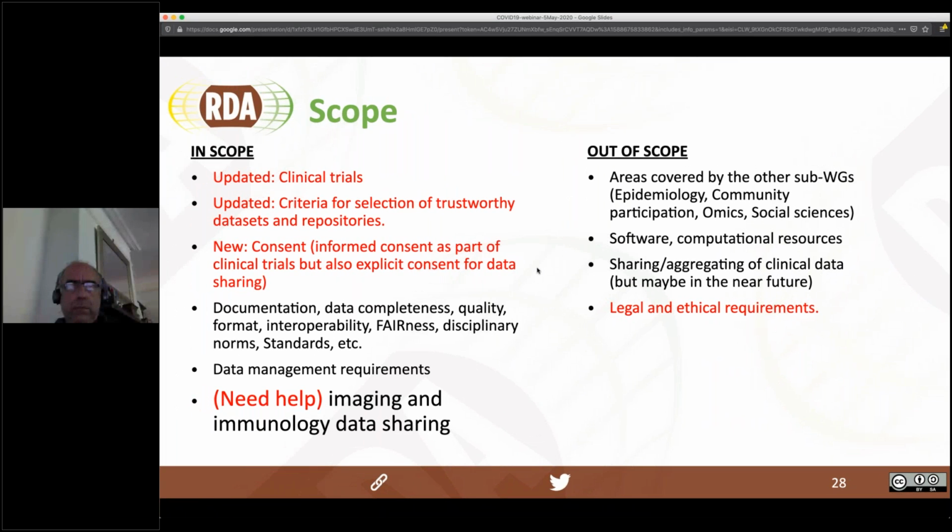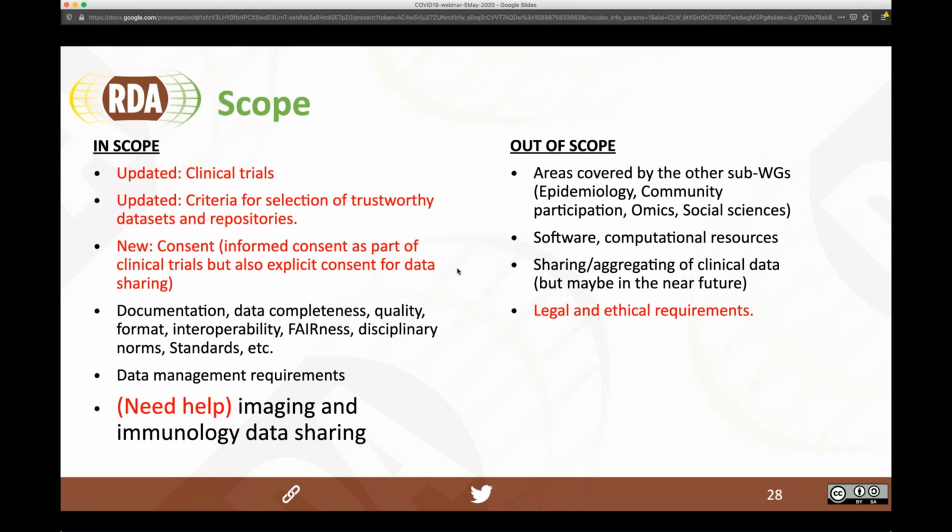And our scopes are still evolving. The ones on the left are the ones in scope. The ones out of scope are not that important; it's just that we're not thinking they're the priority of the subgroup right now. And there's some updated information in the recommendations for the first two bullets.